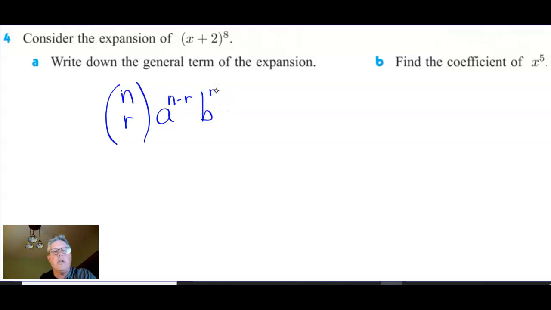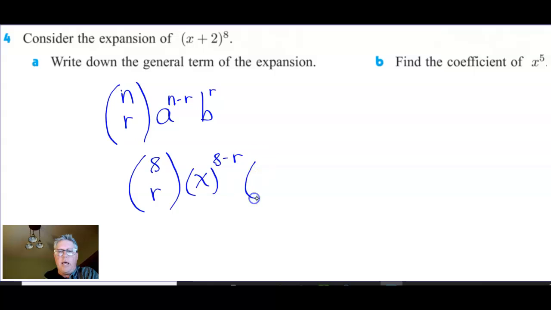Always, always, always start there. I believe that's in your formula packet. So what do we write? We know what n is, 8. We don't know what r is. Remember, it's a general term, so I can pick what my r is going to be. a is going to be x to the 8 minus r, and b is going to be 2 to the r.